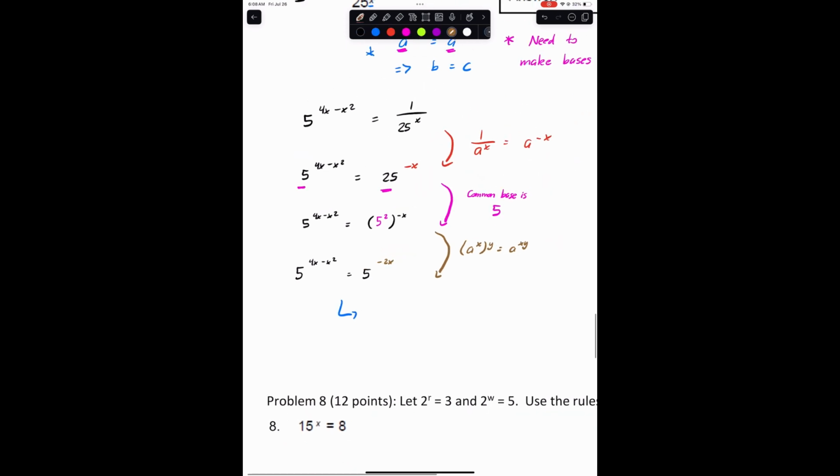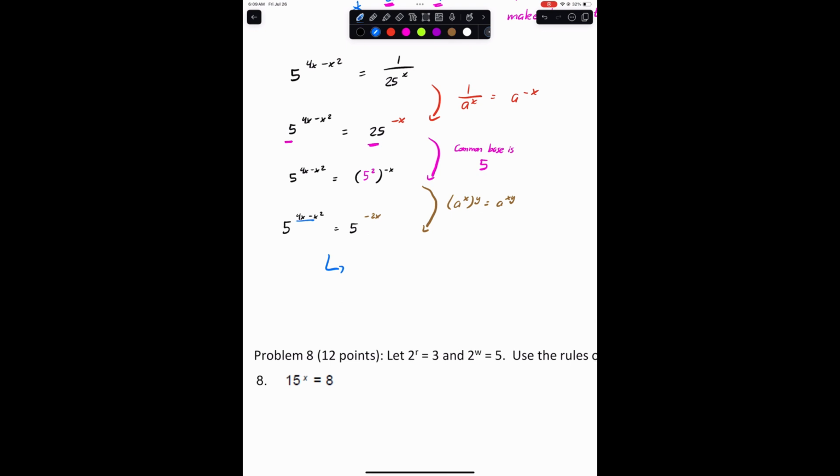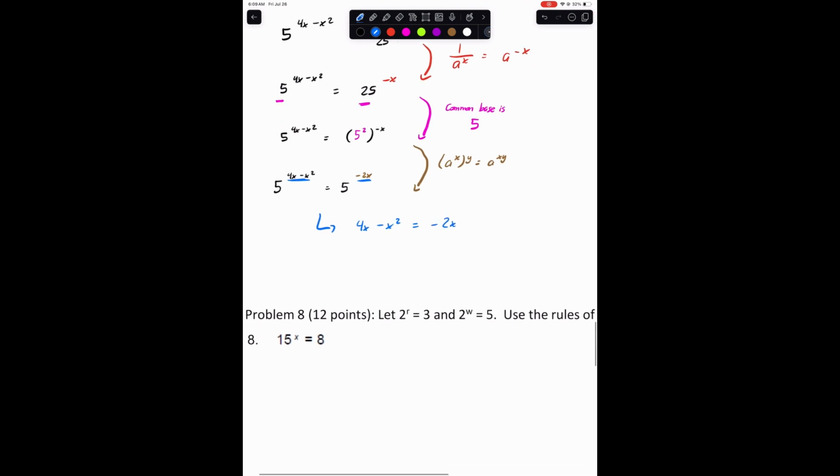Now when I take the exponents, I get 4x minus x squared equals negative 2x. I prefer a positive x squared, a positive leading term, so I'm going to move this side over here, and I'm going to get 0 equals x squared minus 4x minus 2x, right?